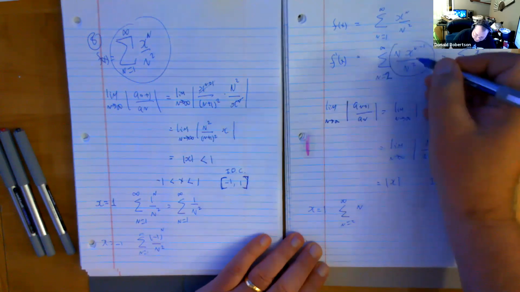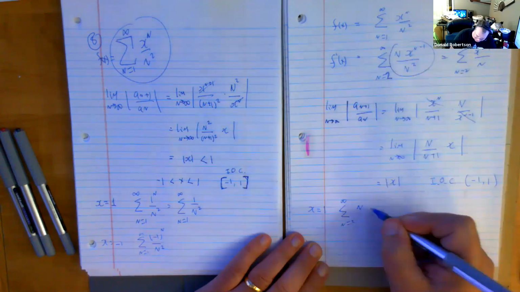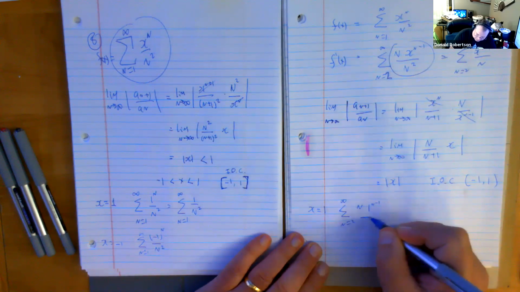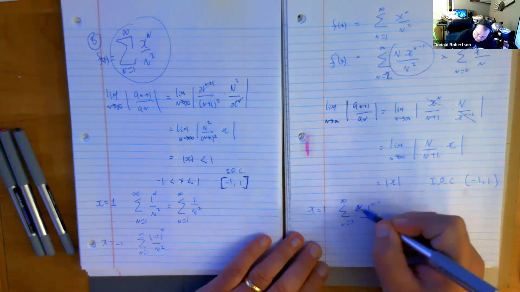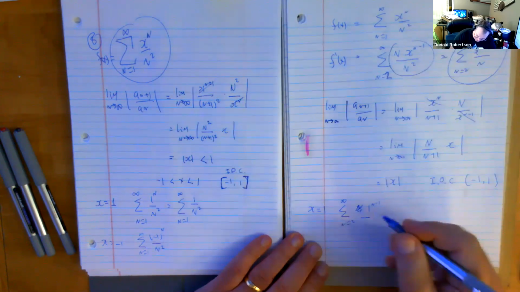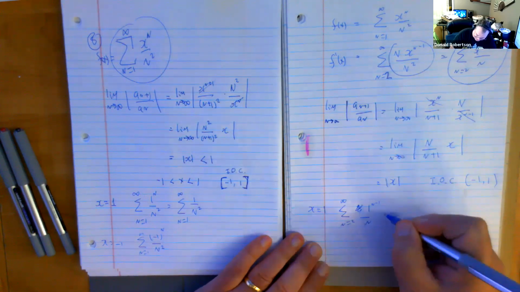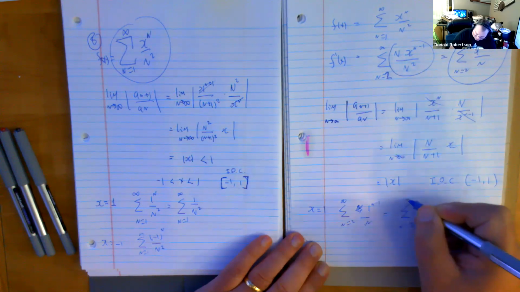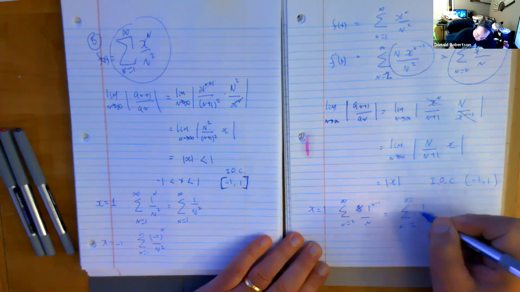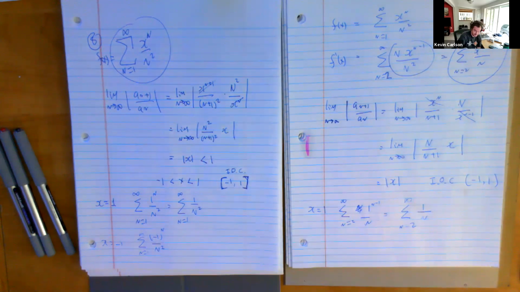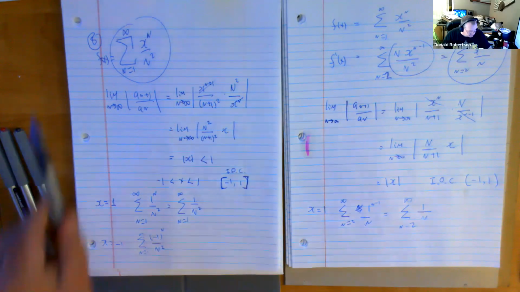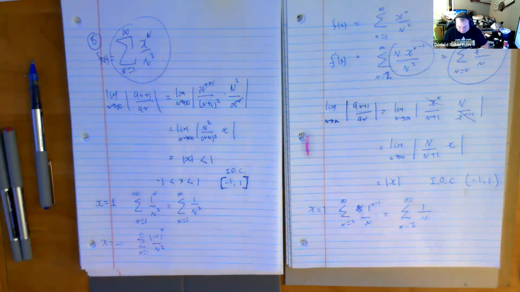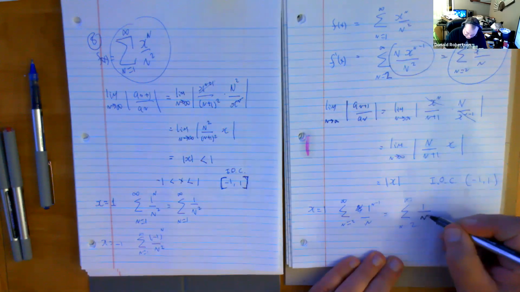If you plug 1 in, it's 1 to the power n minus 1 over, oh yeah, let's do the simplified version there. Wait a minute, isn't 1 to the power of anything still 1? Yes. Wait, so that is a p-series. It's a p-series with p equals 1. So this diverges.